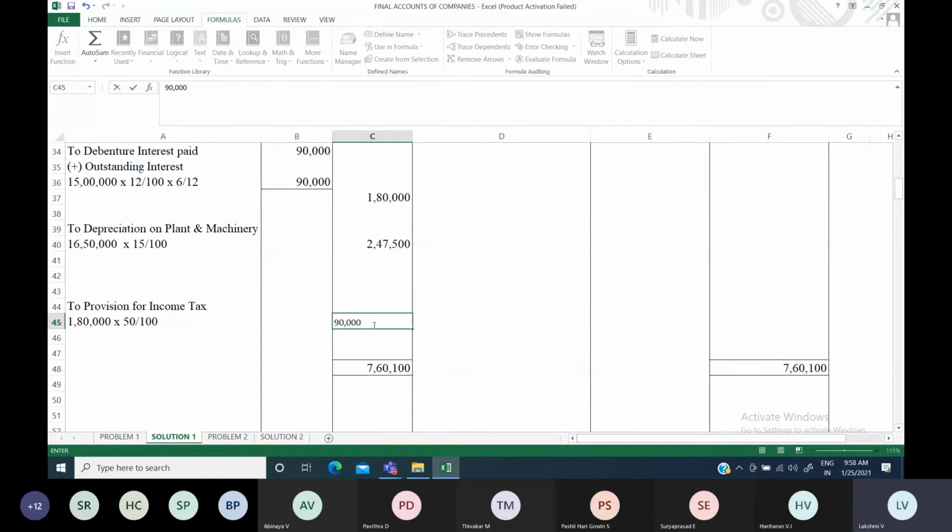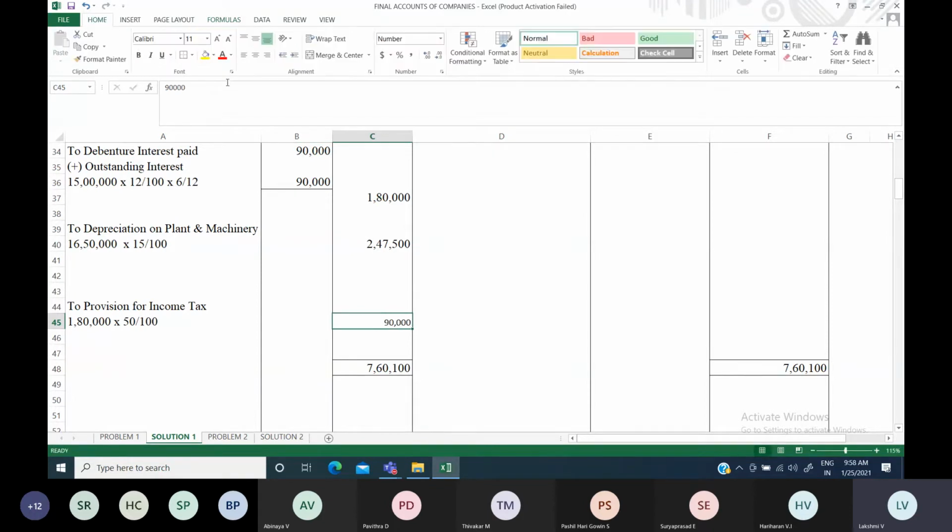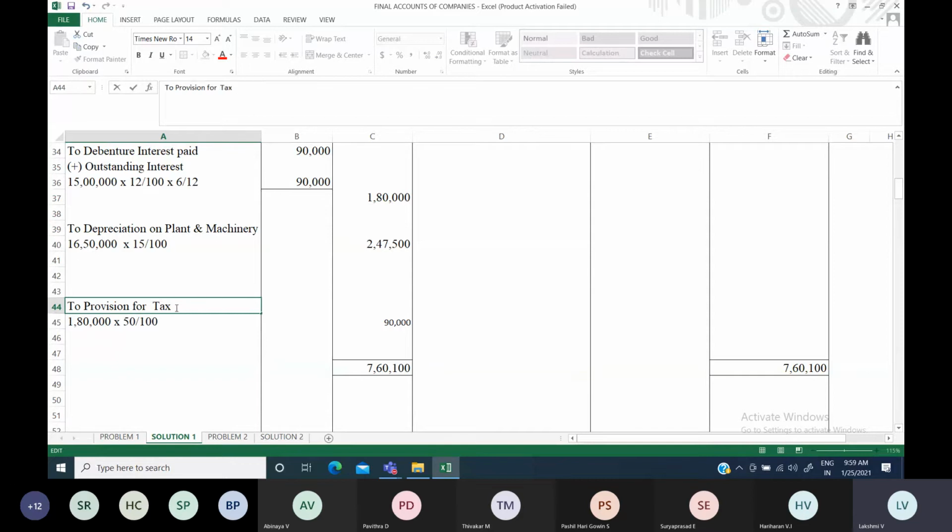This amount is for taxation, provision for taxation or provision for income tax. Mention it the same way the question has given it. Provision for taxation, 90,000 I'm getting.